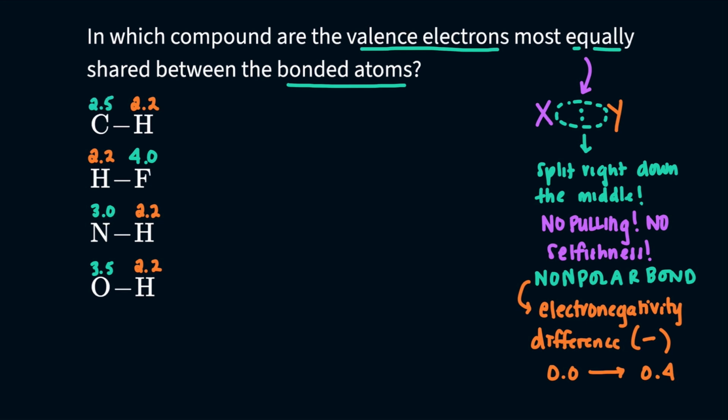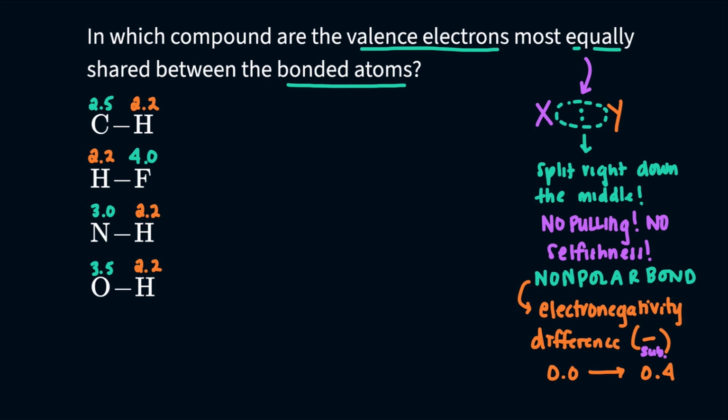Let's find out those electronegativity differences. And for electronegativity differences, all we have to do is just take the higher number and minus the lower number. So if you get a negative value by subtracting a lower number minus the higher number, just make it positive, because electronegativity difference is always going to be a positive value. This minus just means that we were subtracting. But just know that electronegativity difference is always the absolute value.